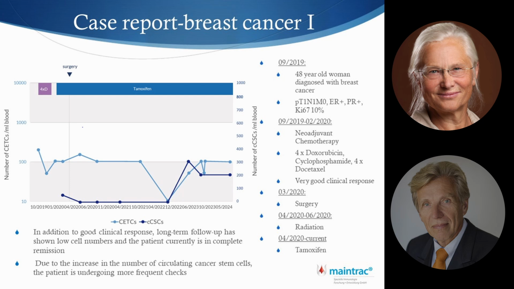And indeed, for some time, it was possible. The stem cells remained undetectable, and we still do not know why there was this increase. We would need to inquire, was there some special event which led to the re-increase of the circulating cells and the circulating stem cells?